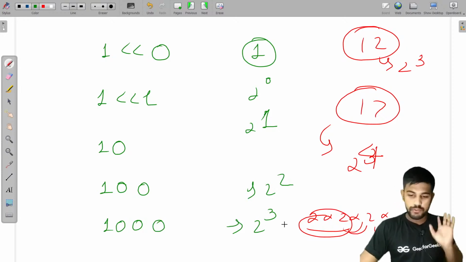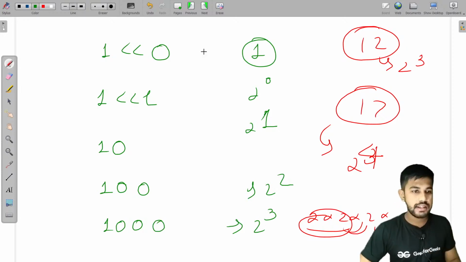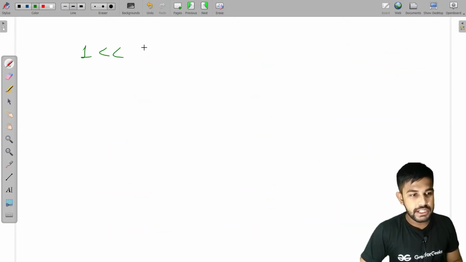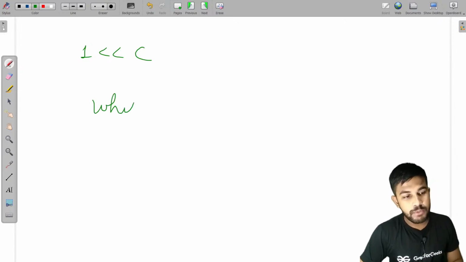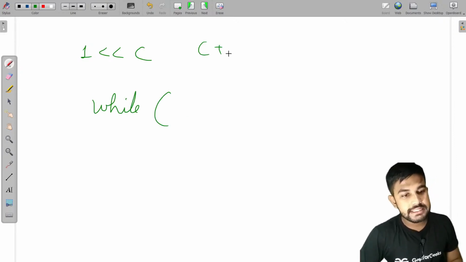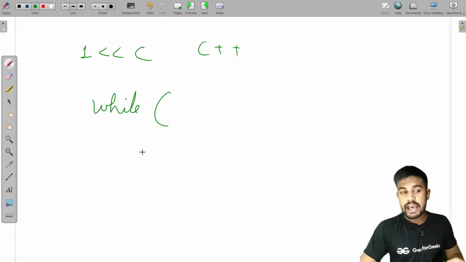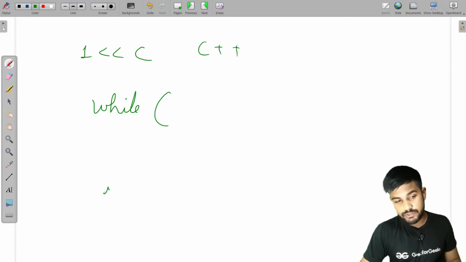This is how we would proceed. Now what we can do is we can do n shifted by c, and while this is smaller we would increment c, and if it is within the range we would just keep doing it, and when it gets outside the range we would just return c minus 1.